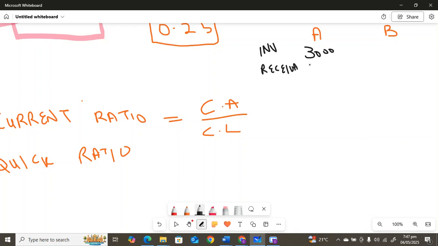So let's say receivables also 3,000. We can even put cash, cash at hand and cash at bank. Let's put maybe 2,000 here. So if we total up our current assets, 3,000 plus 3,000 is 6,000, plus 2,000, that is 8,000.